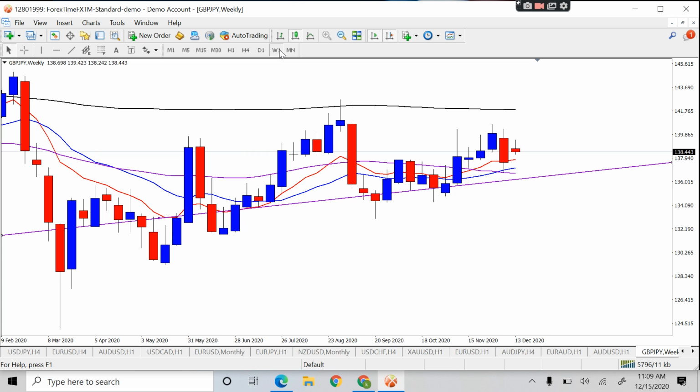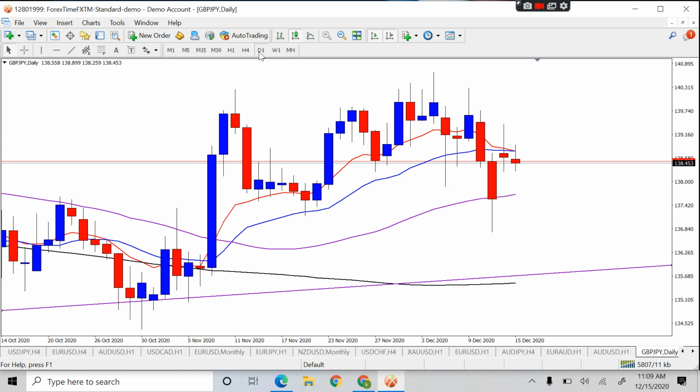So the chart is showing us a buy bias, and if we go down to smaller time frames, we can see buying opportunities. Now on D1, we're still seeing that the 50 moving average has been holding up the market for a while now.